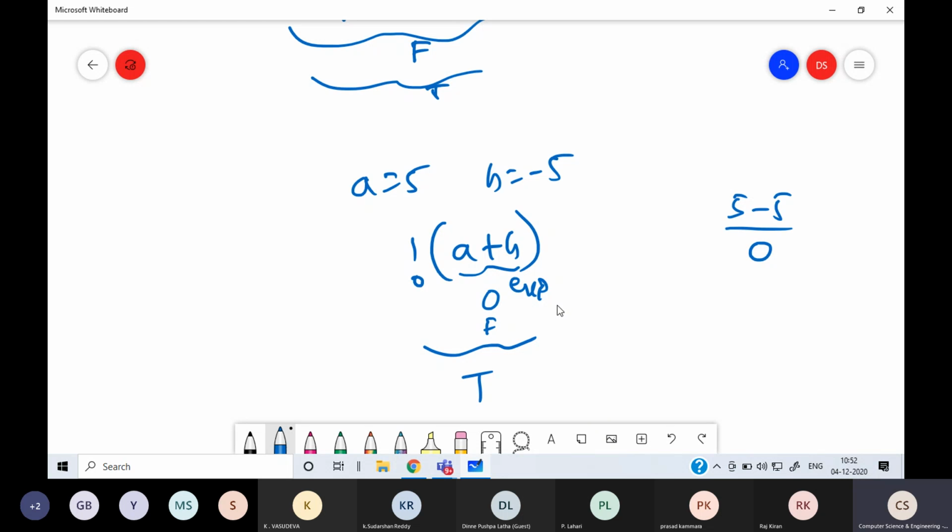An arithmetic expression also generates some integer value. The number other than 0 is true and 0 is false. So if I take not A plus B, the result is 0, and with not it is going to be true.